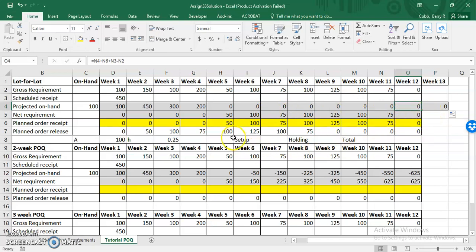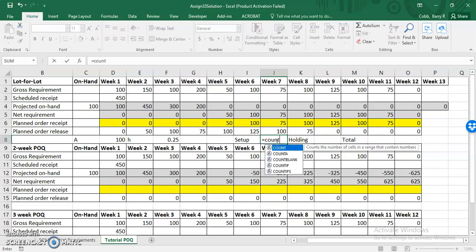Let's calculate the setup cost or fixed ordering cost for this model. We've got 1, 2, 3, 4, 5, 6, 7 orders that we're receiving, and we can count those. I'm going to use the COUNTIF function, highlight the planned order receipts, and then enter a criteria: that a planned order receipt is greater than 0.